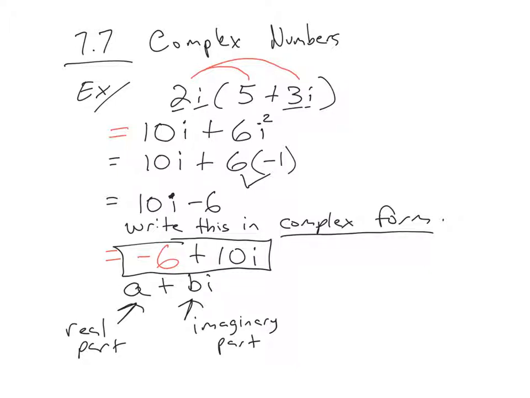Next question. Let's step up our game here. For this example, let's do 6 minus 3i times the quantity -2 plus 5i.